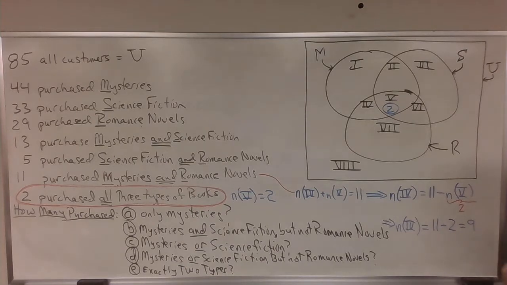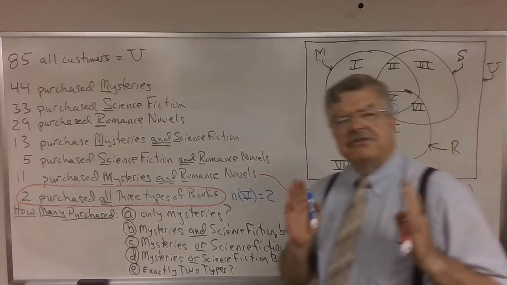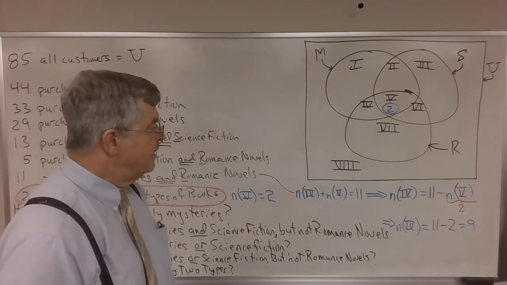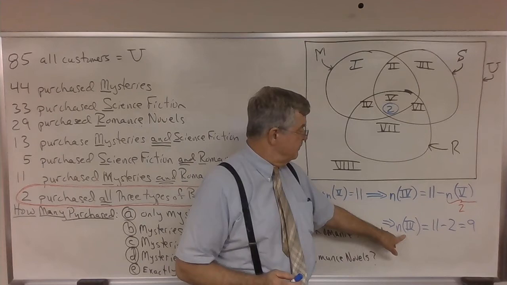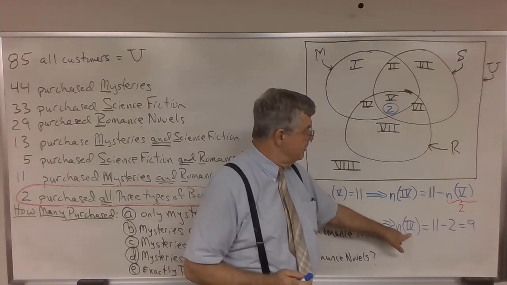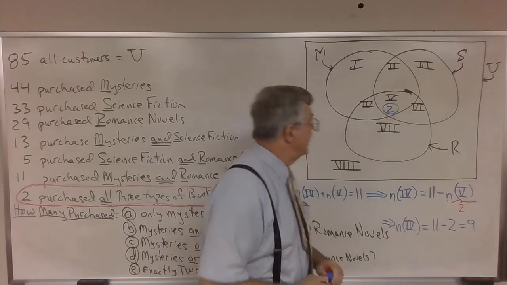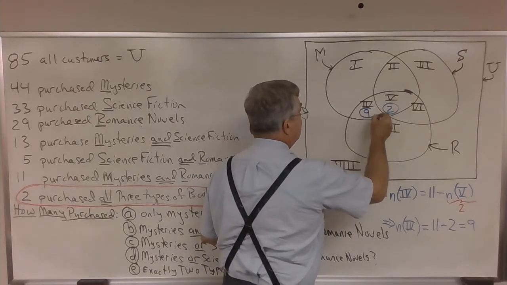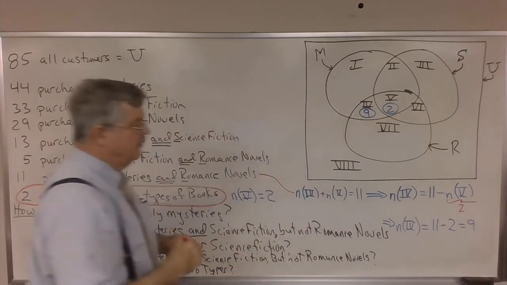Okay, beautiful. We're chipping away at this rock one piece at a time. We just found out that the number of people in region 4 is 9. So let's put that in there. 9 people in region 4.